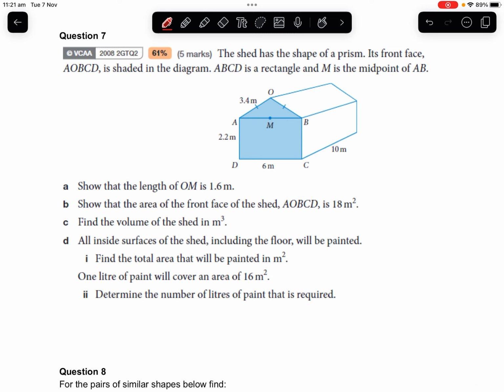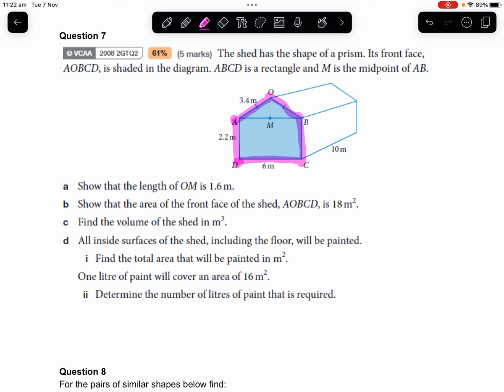Question 7. The shed has the shape of a prism. Its front face, A, O, B, C, D, is shaded in the diagram.